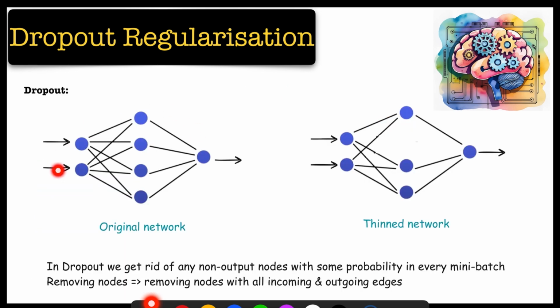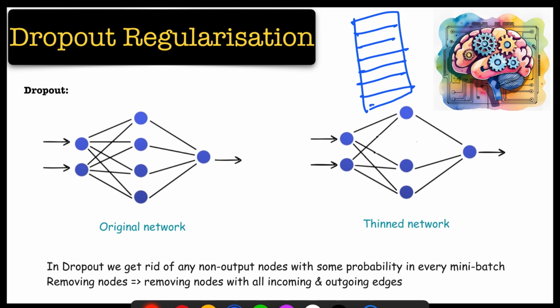Let's say this is the original network, and after removing a few nodes, we'll get this type of thinned network. We can get rid of any non-output nodes with some probability in every mini batch. Removing nodes means removing nodes with all incoming and outgoing edges. You know about mini batch iterations, right? Let's say this is one huge dataset we have.